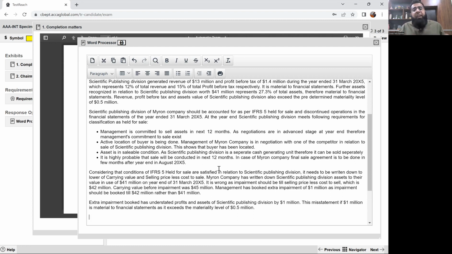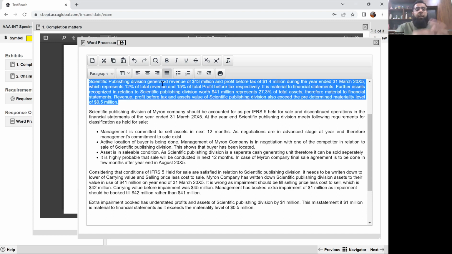So what about the professional skills? See, I have told you multiple times that professional skills is not a separate requirement for which you have to worry. Just make sure that when you develop the answer, you make good application, you explain the rules well, okay? Your answer should demonstrate the dates, values well. You make good judgments. That's all. Like, for example, when you're calculating materiality, we commented on all the values.